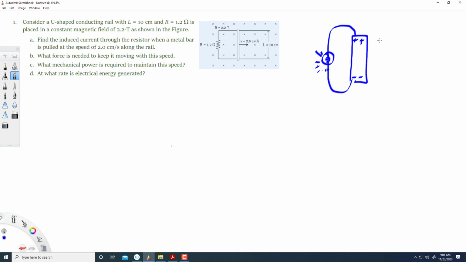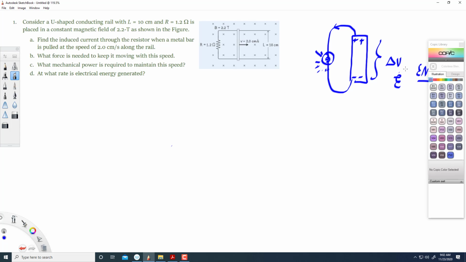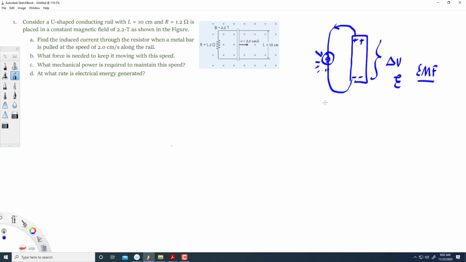So you will have some delta V, also denoted by E, same thing, motional EMF, and because of that you will have some current I, and we want to find what that I is, which we call induced current.